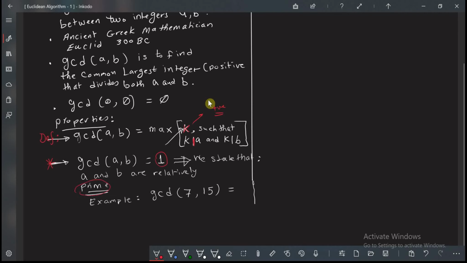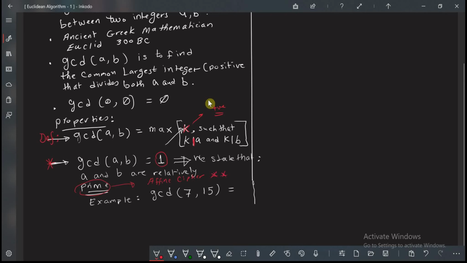Because the only common divisor between them is 1, and that's the largest, they are relatively prime. We are going to use this feature in cryptography, in different classical as well as modern ciphering techniques, such as the affine cipher. If you have a cipher code and you are going to decipher it, you will be utilizing this important property. I'm going to show you this in a later video.